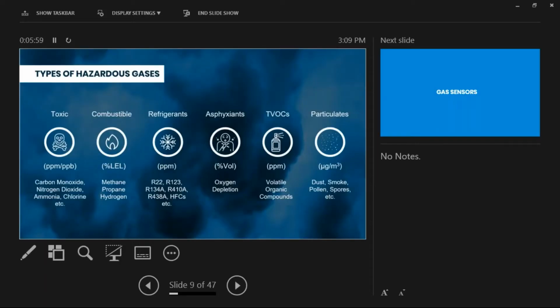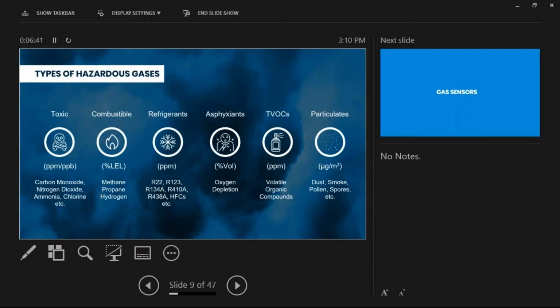The types of hazardous gases that are monitored and regulated by these various bodies include toxic gases, which are measured in parts per million and parts per billion; combustible gases, which are measured in percent lower explosive limit; refrigerants, measured in parts per million; simple asphyxiants, which are measured in percent volume versus the volume of oxygen needed to sustain life; and volatile organic compounds, which are measured in parts per billion and parts per million.